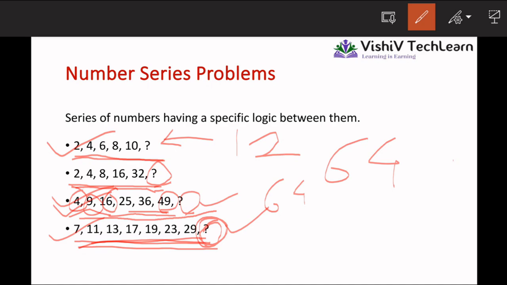Now in this case, these numbers are 7, then 11, then 13, 17, 19, 23, 29. So if you carefully observe these numbers, all these numbers are prime numbers. So prime numbers are basically the numbers which will not have any factors, and we cannot divide those numbers further into whole numbers.